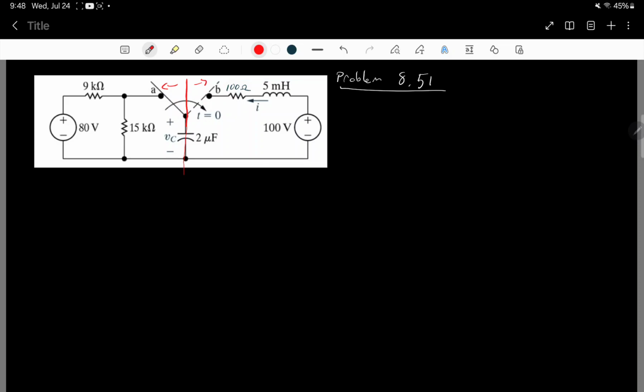The circuit before switching is going to help you figure out some of your initial conditions, and importantly, what we want with initial conditions is the voltage across a capacitor and the current on an inductor.